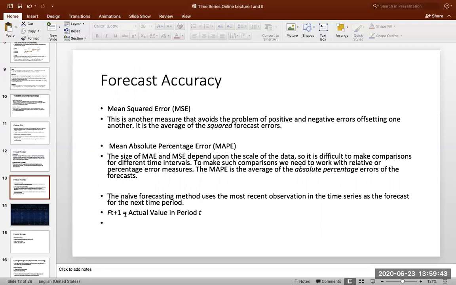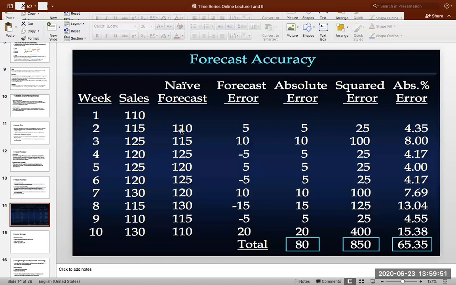So the succeeding year is equal to the actual value of the previous year, in period T. So it is just a shift to 10, 15, 13. So these are the naive forecasts. That means you use the old year to forecast the succeeding year, the 2019 value to forecast what?